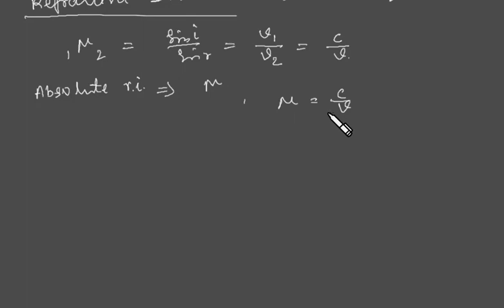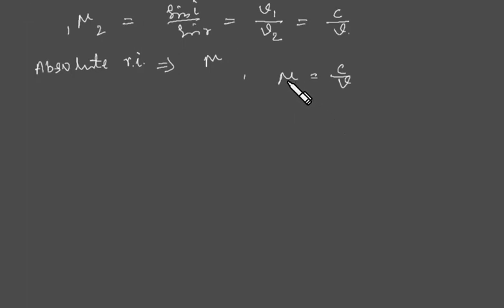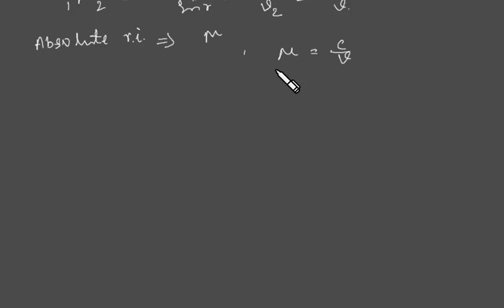Obviously, the higher the refractive index of a body, the lower the velocity of light in that medium. So absolute refractive index is the ratio of the velocity of light in vacuum or air to the velocity of light in that medium.